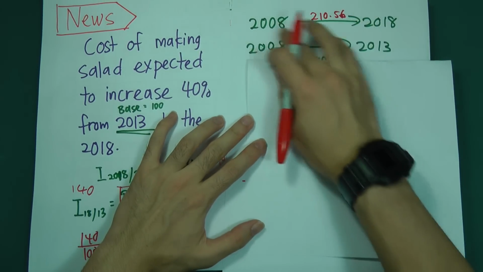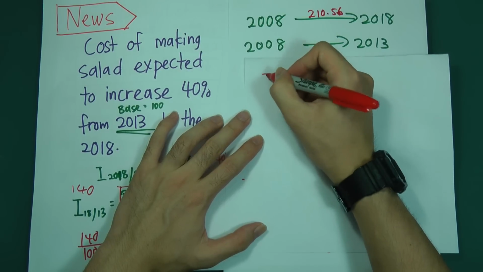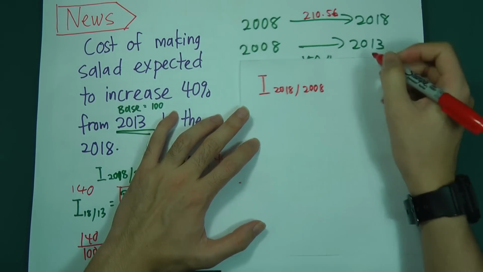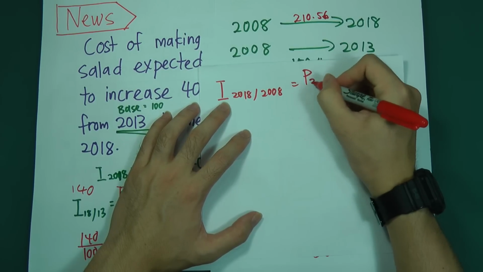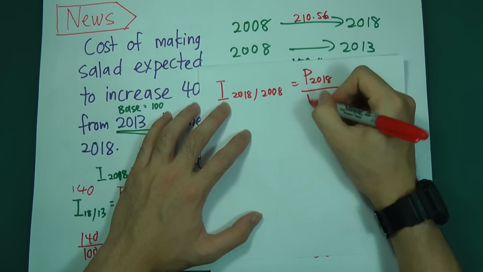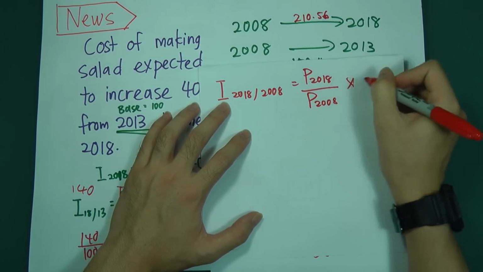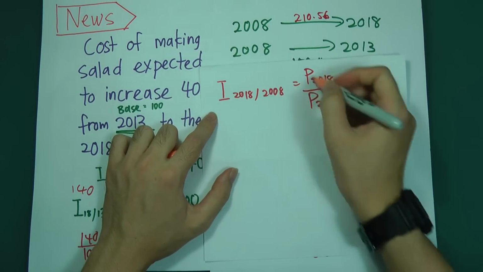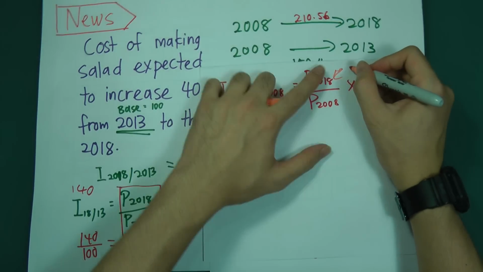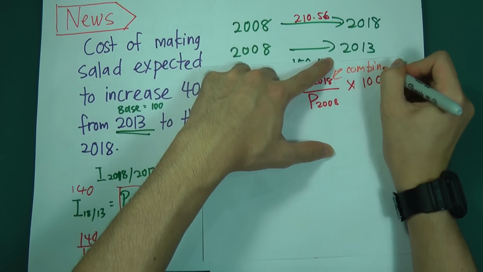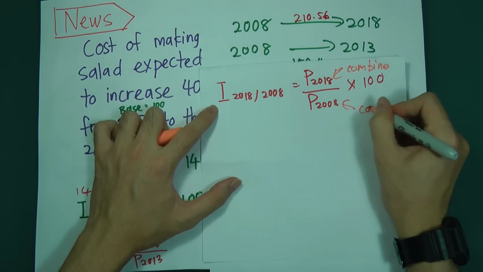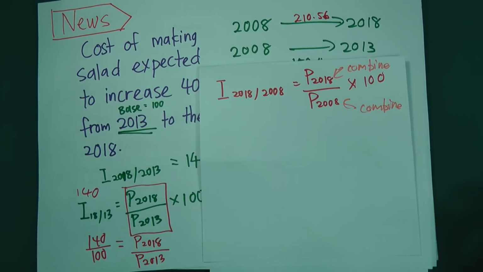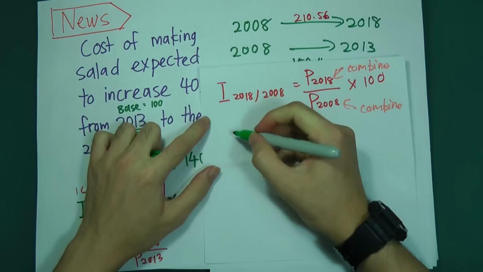We have this composite index for 2018 based on 2008, which equals price for 2018 divided by price for 2008 multiplied by 100. This is the formula for index number. Since this is the composite index, the price over here should be the combined one, meaning all the ingredients combined.